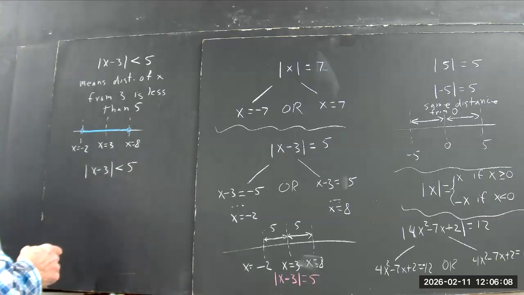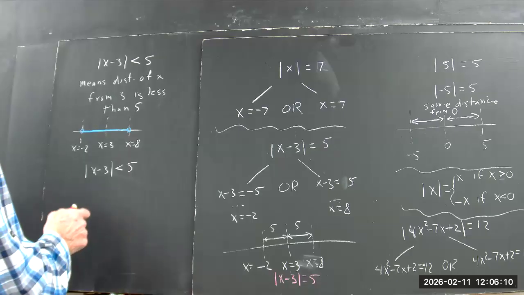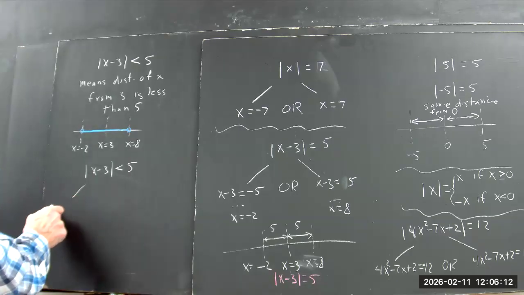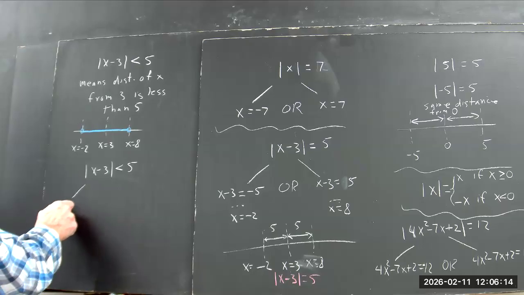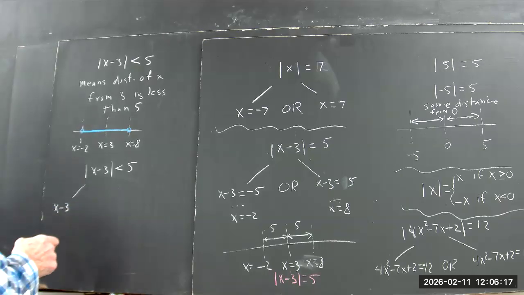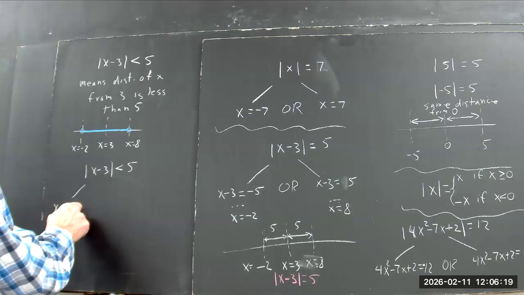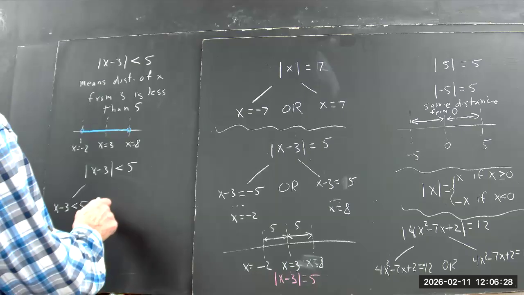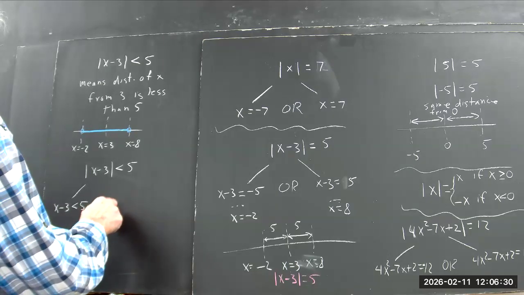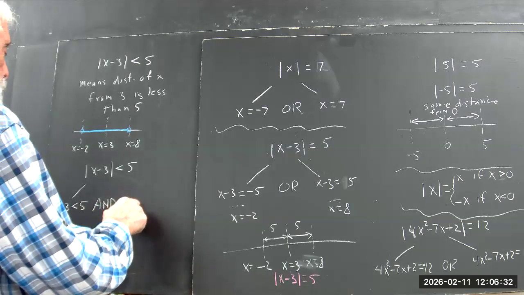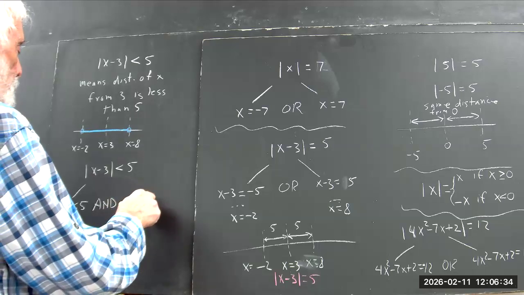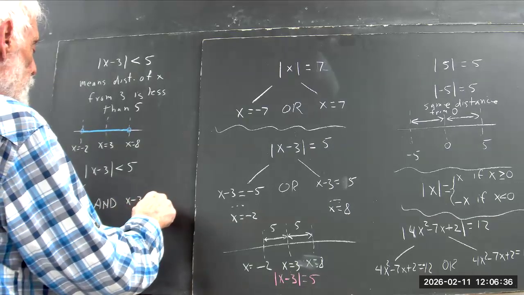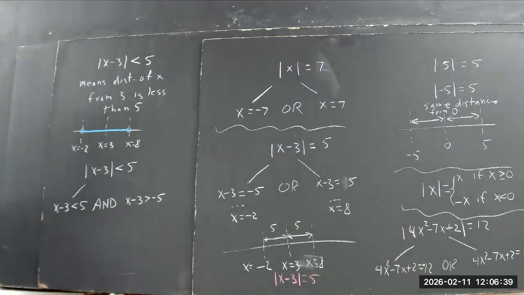An absolute value of x minus 3 less than 5 means x minus 3 is less than 5, and x minus 3 is greater than negative 5.